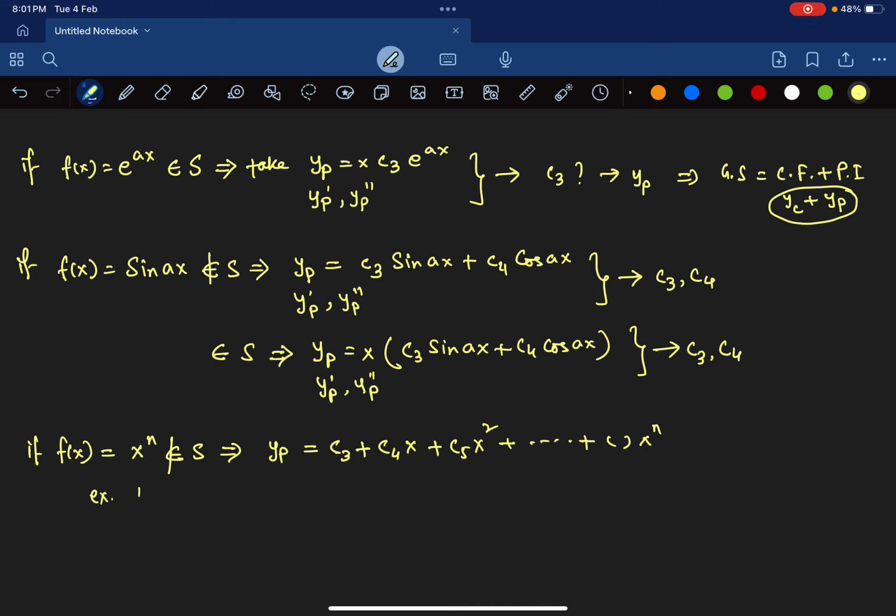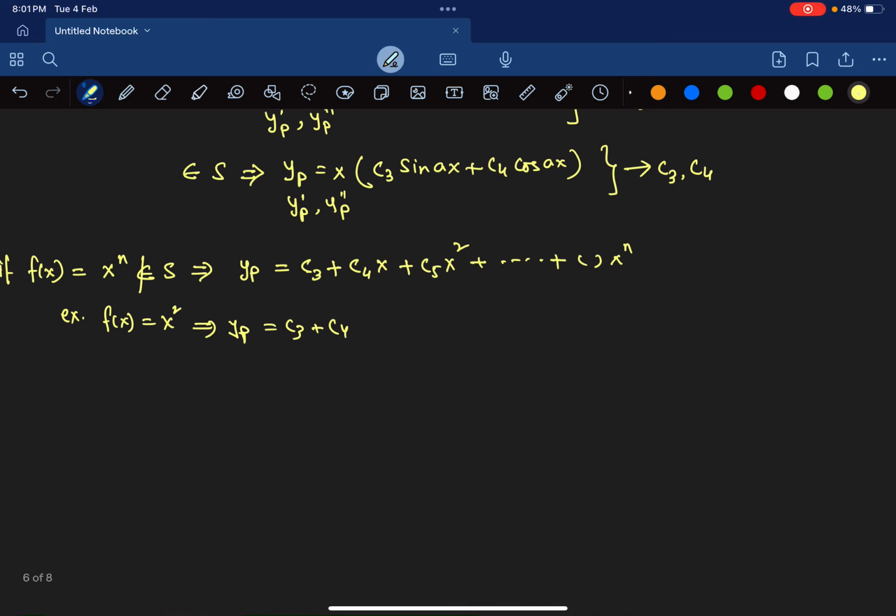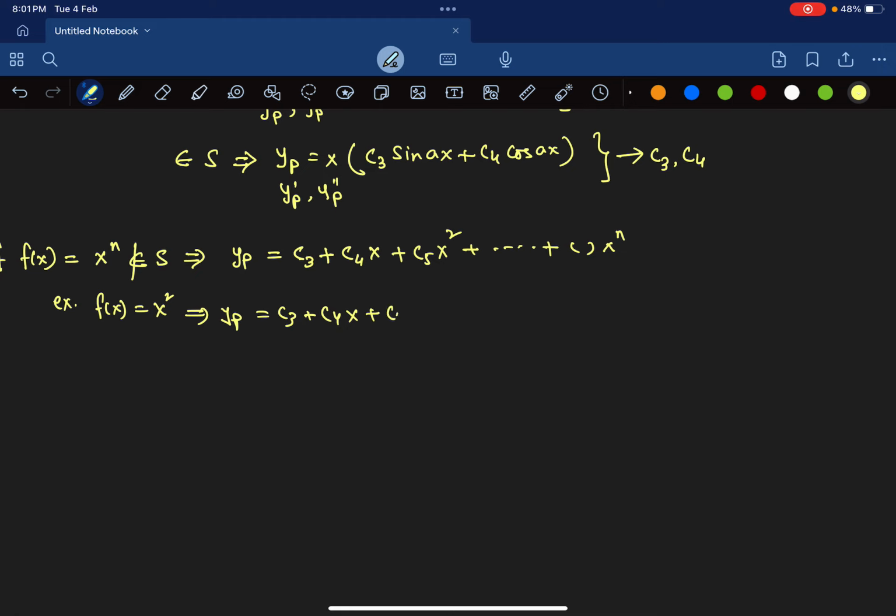For example, if f(x) is equal to x^2, then you take yp equal to c3 plus c4 x plus c5 x^2. That is yp. Immediately we calculate yp dash, yp double dash, the derivatives required, and plug in the main equation and find the ci values. All the arbitrary constants you will find, and thus we can find the particular integral.